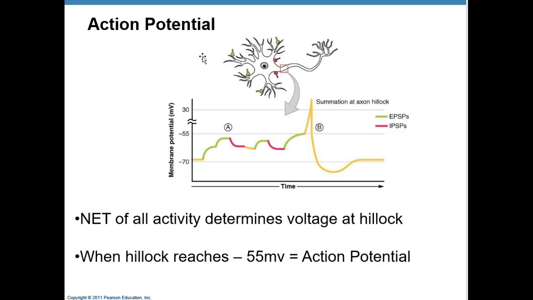So you've always got spatial summation and temporal summation happening, EPSPs having additive effects and IPSPs canceling those out. So if you look here, it's like EPSP, EPSP, IPSP, and then nothing, EPSP, IPSP, and then a big enough excitatory postsynaptic potential to get you to threshold, and then you generate an action potential.